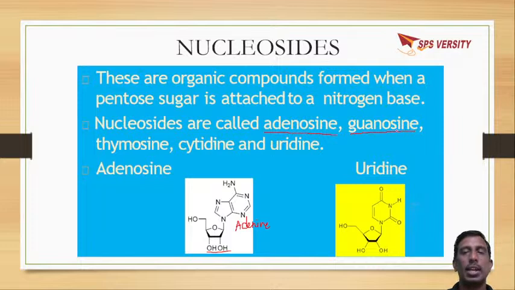Guanosine is guanine attached to a pentose sugar. Thymidine, where thymine is attached to pentose sugar. Cytidine, where cytosine is attached to pentose sugar. Uridine, where uracil is attached to pentose sugar. So a nitrogen base plus a pentose sugar is called a nucleoside. So nucleosides के नाम adenosine, guanosine, thymidine, cytidine और uridine.